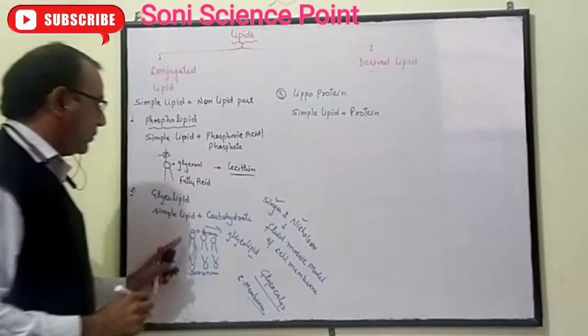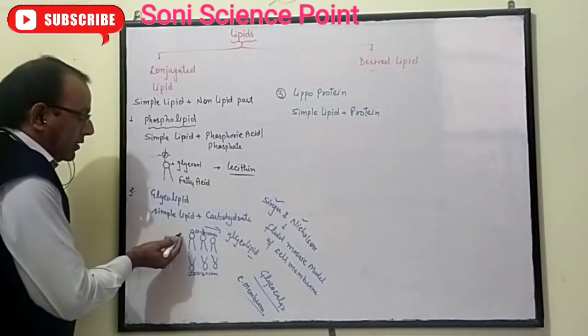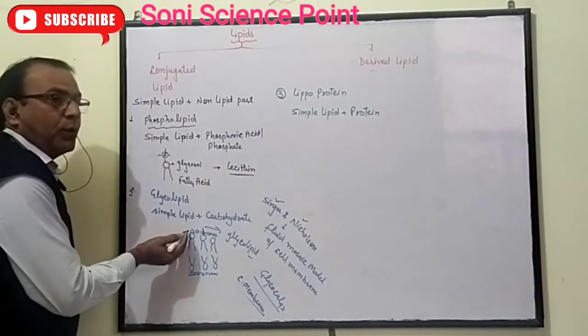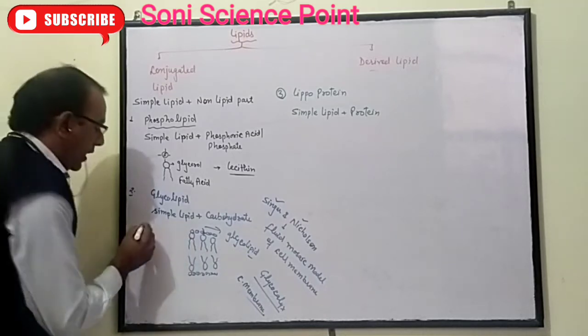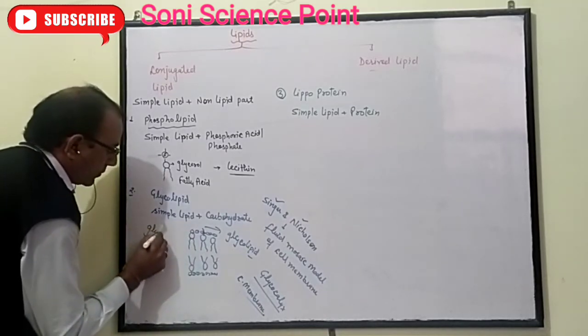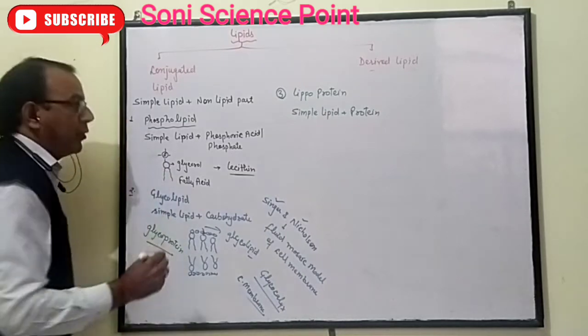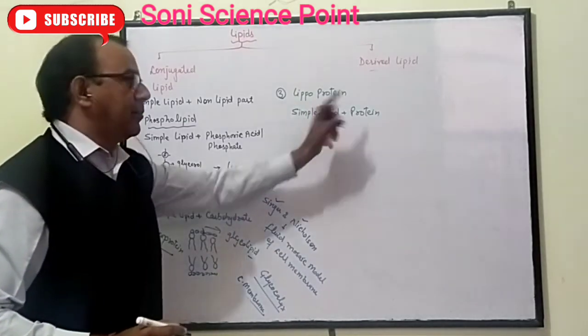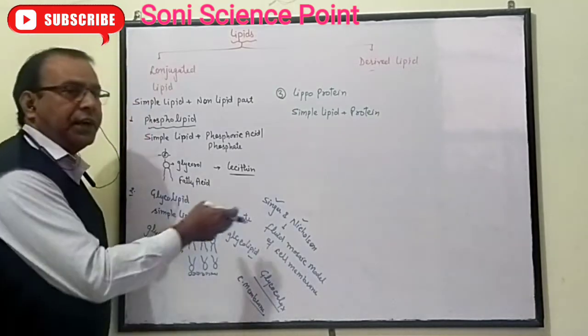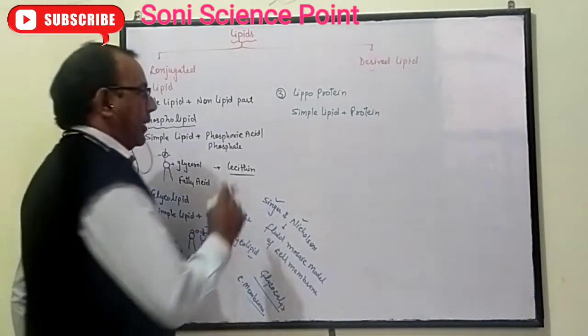As we have seen in the cell membrane, the lipid attached with protein is called glycoprotein, and this is also known as lipoprotein. It is also used in the cell membrane.